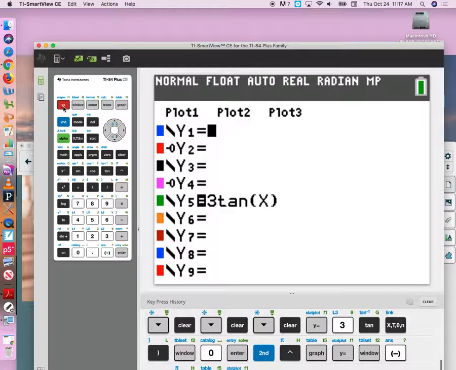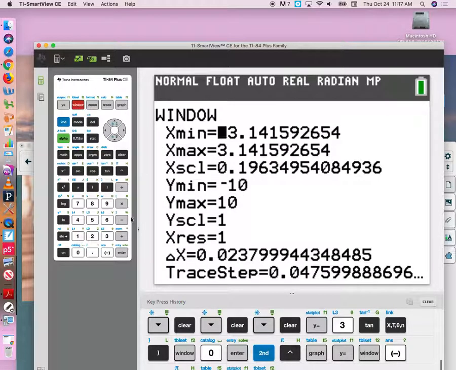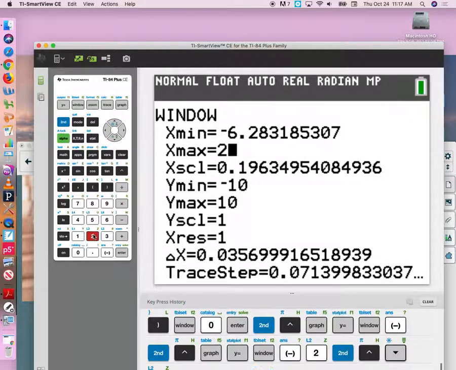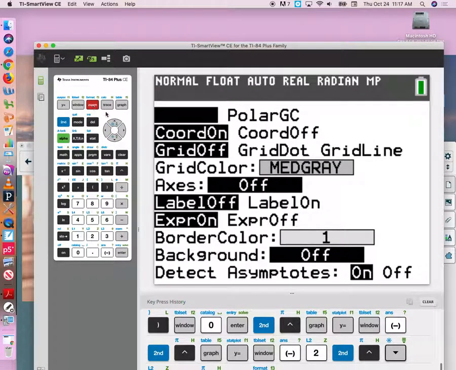Now I'm going to go from negative 2 pi to positive 2 pi. And I hope I can remember how to turn the axis back on this thing. Let's see. Need my axis on.